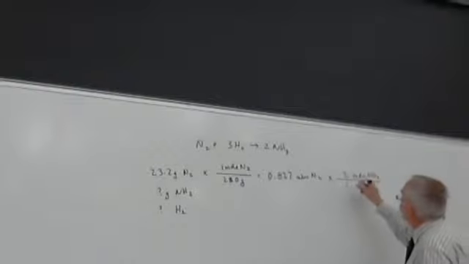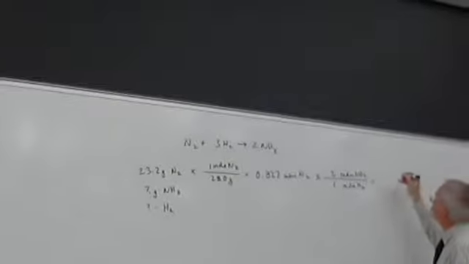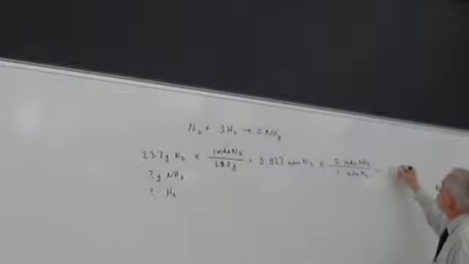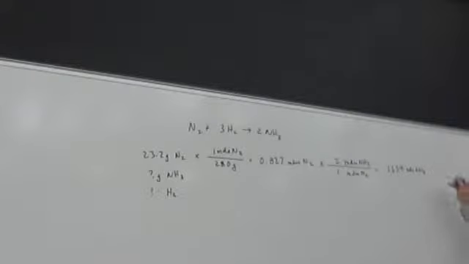And so it's 2-to-1. So that tells us that we have 1.654 moles of ammonia. But we're asked for grams of ammonia specifically, so we have to multiply by 17 grams for 1 mole of ammonia, and we should have our answer.